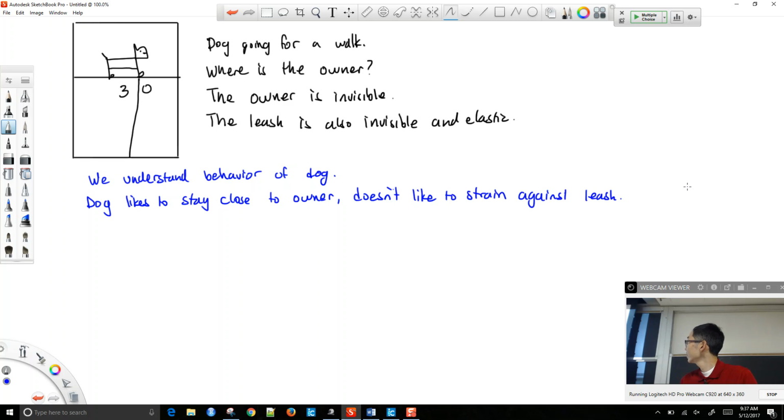Okay, and let's say we've studied the behavior of the dog so much that we can say, approximately 68% of the time, the dog remains within 1 yard of the owner.